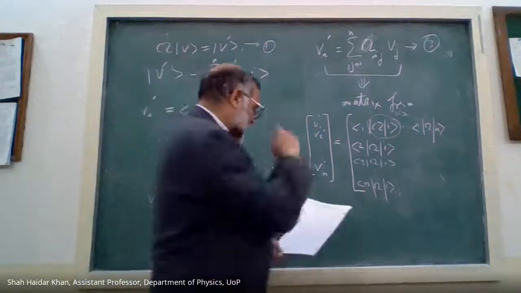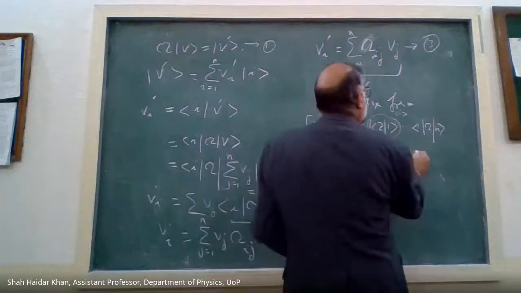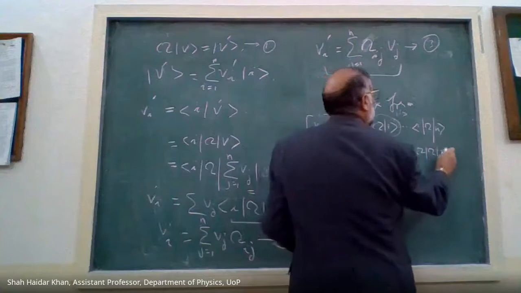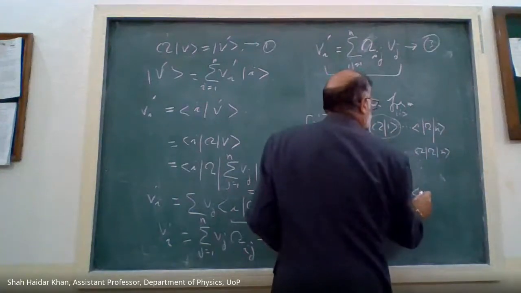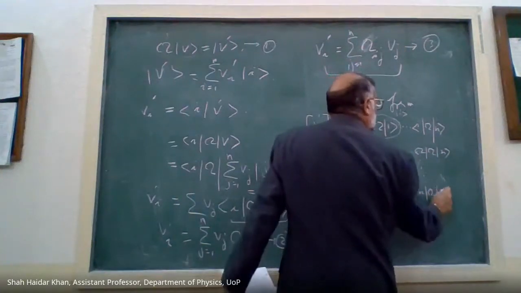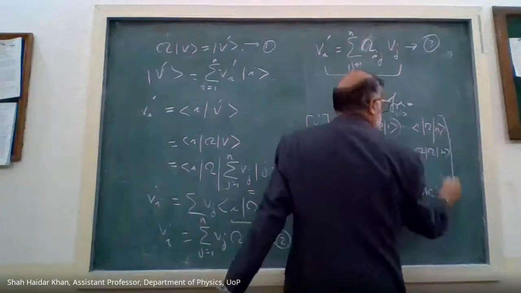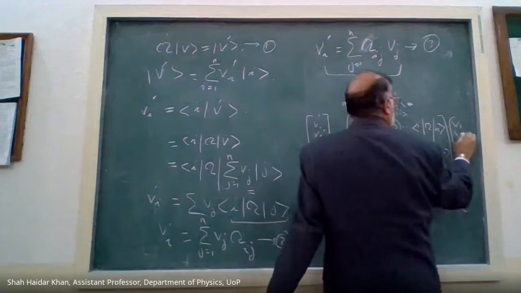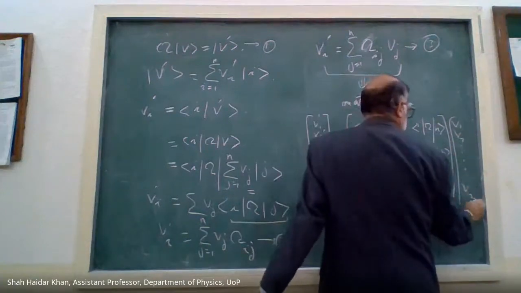Right? Okay. Similarly, this one will be omega 2, and so on, up to omega n, and this will be v1, v2, vn.